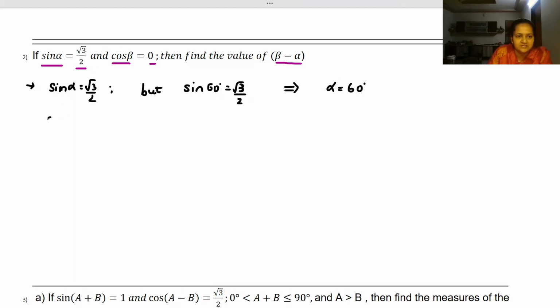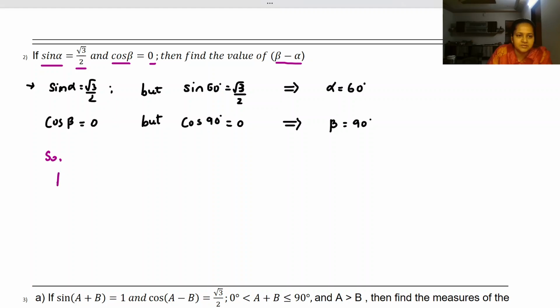Likewise, we have cos beta is 0. But again, cos of which angle is 0? You are right, cos 90 degrees is 0. So again from here, we can quickly say that beta is 90 degrees. Beta is 90.